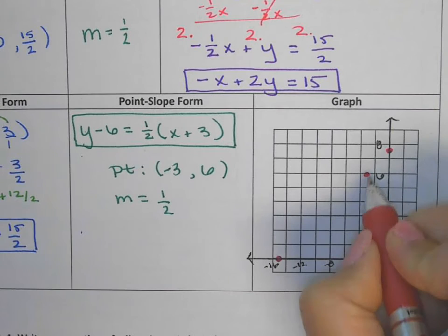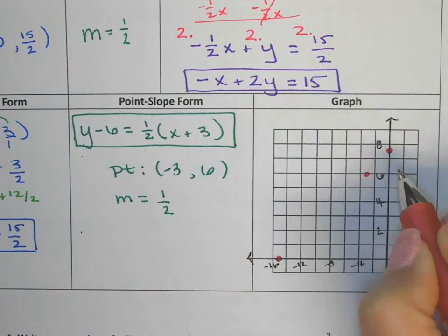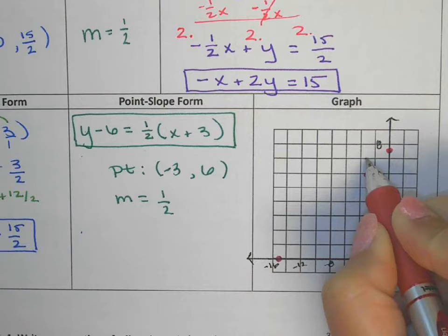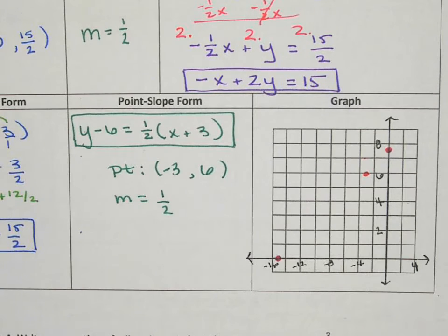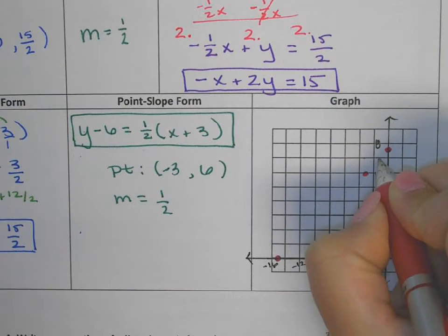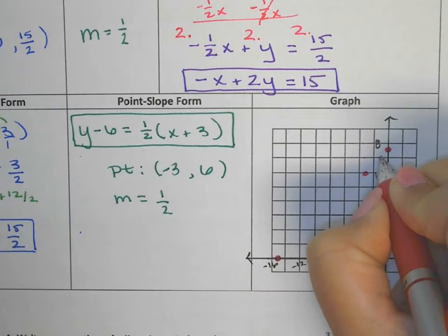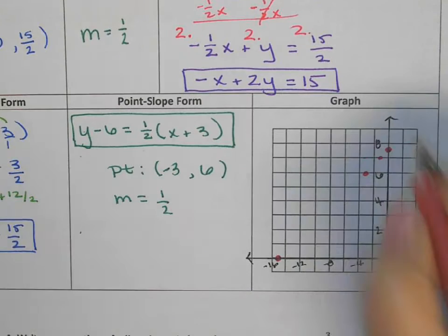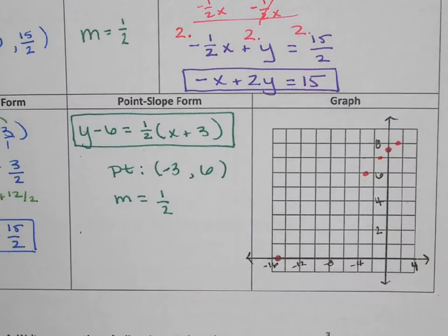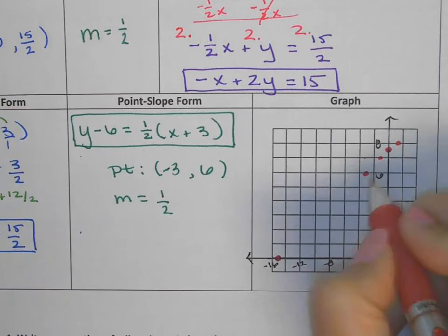So if here I'm at 6 and I go up to 7, but going right 2 is actually only right 1 on my graph because my scale is 2s. So going up 1, right 2 would actually be right here. And yes, that does fall in line then. Okay, so going the other way.